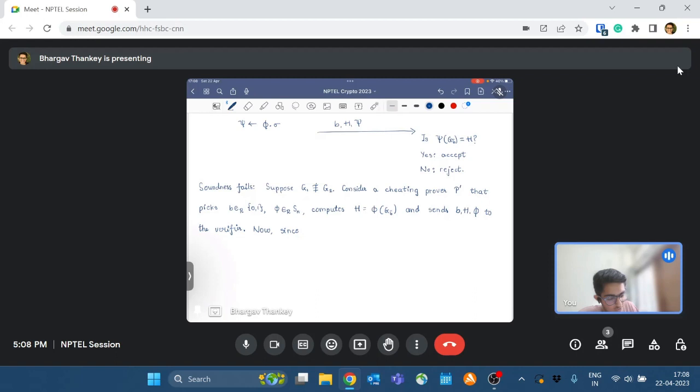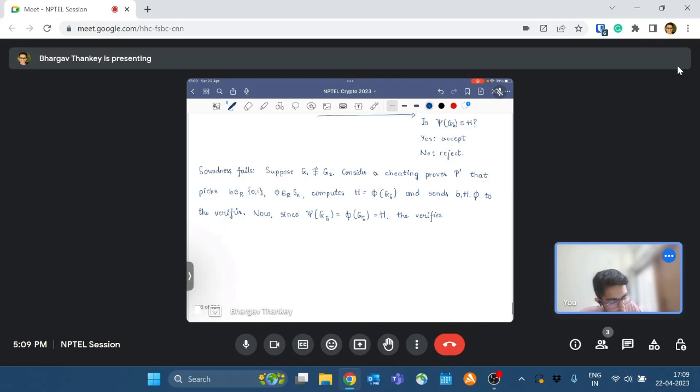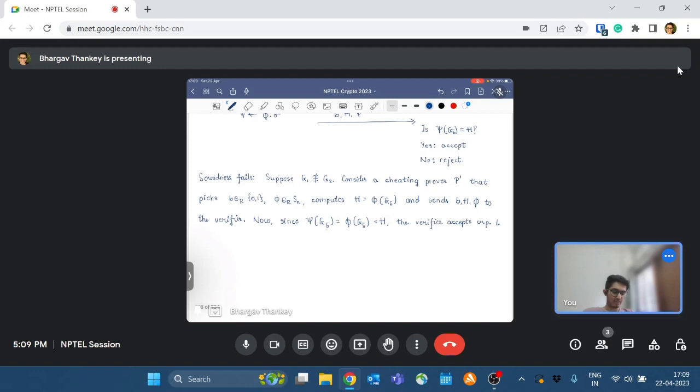So in this case, psi is the permutation the prover chose, right? So since psi of GB bar, which by definition is H, the verifier accepts. So even if G1 and G2 are not isomorphic, a cheating prover can make the verifier accept with probability 1.